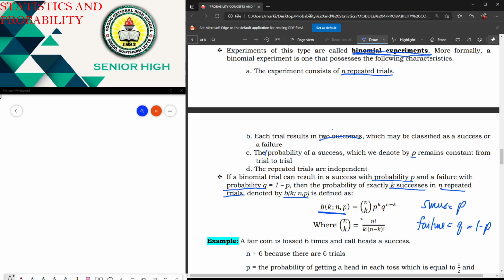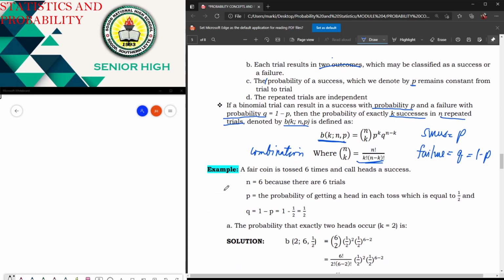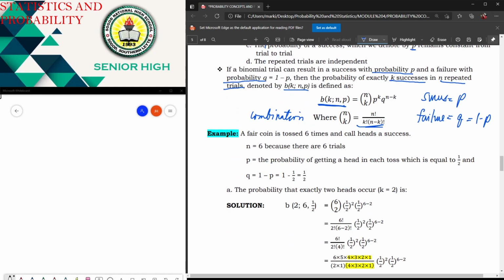The nCk here is the combination. This is the formula of combination: n factorial over k factorial multiplied by n minus k factorial.